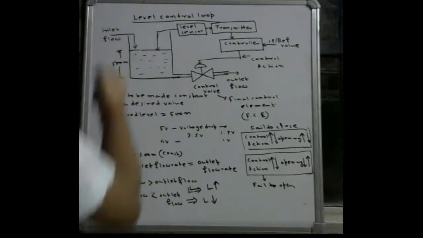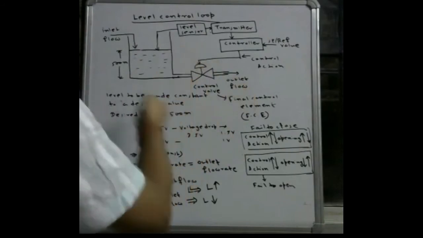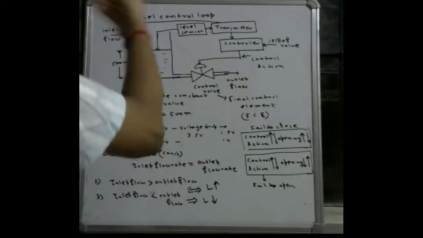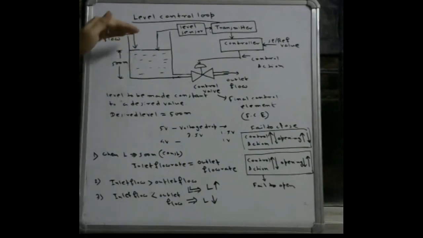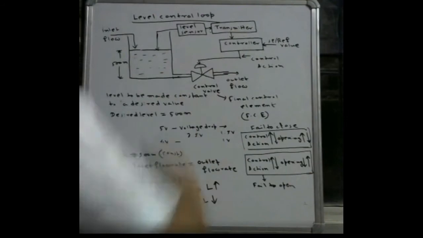So as soon as the outlet flow rate is greater than the inlet flow rate, the level will start to decrease once again. And as soon as it reaches the 500 meter height once again, the error is again 0.